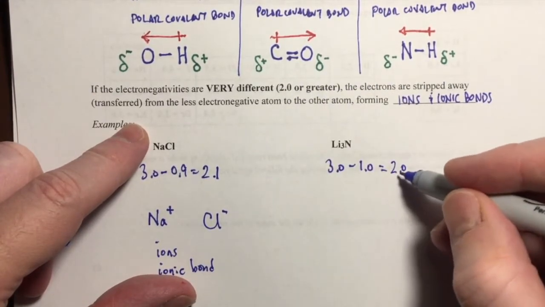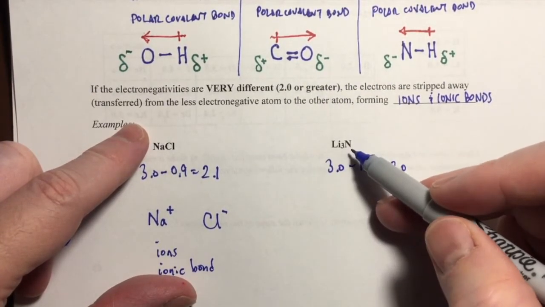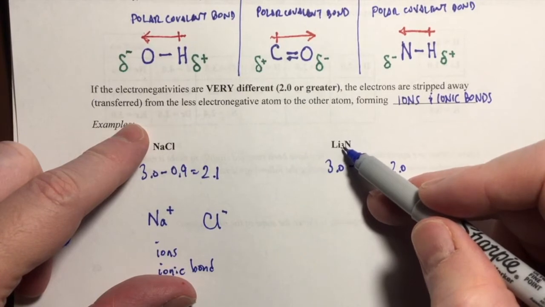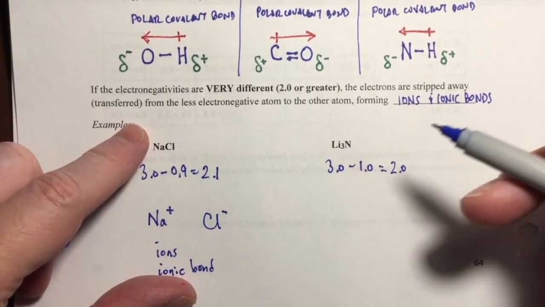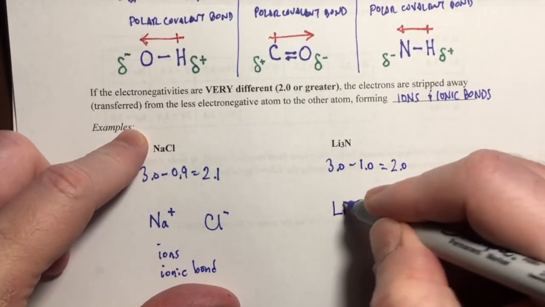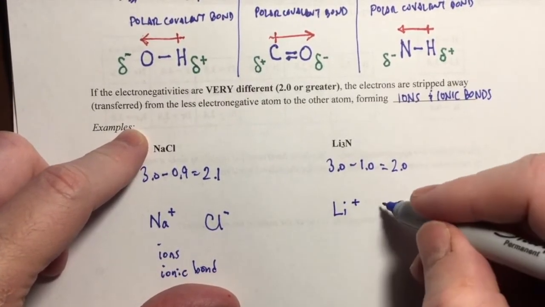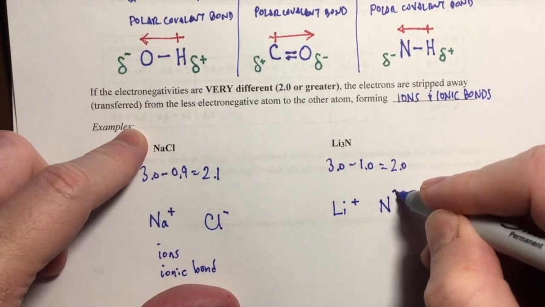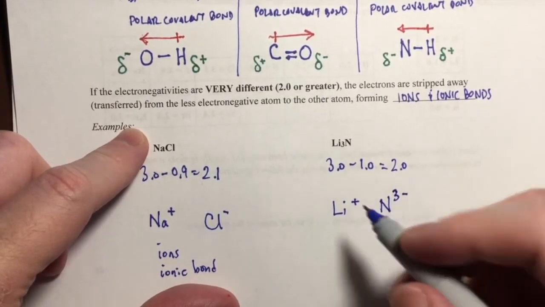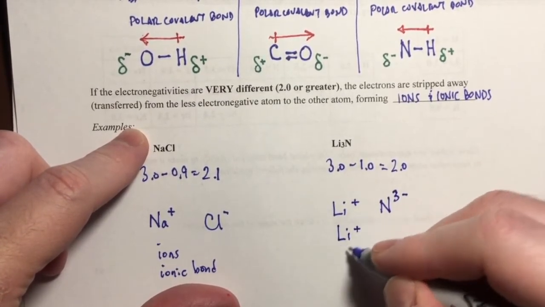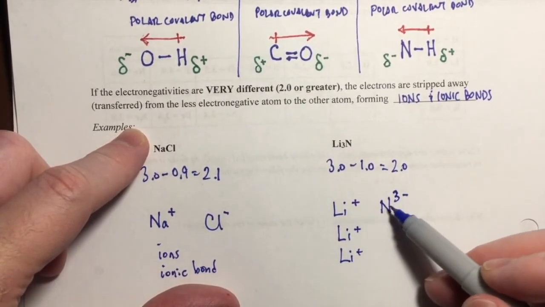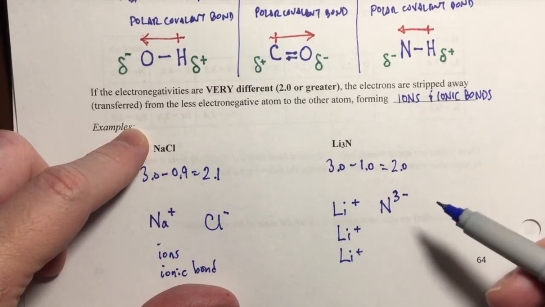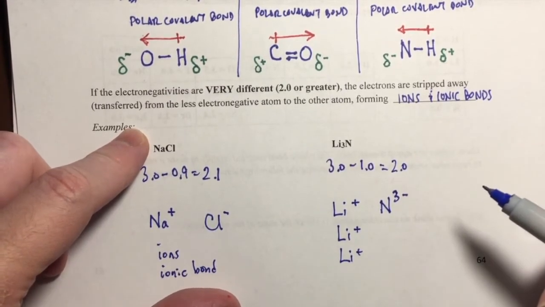And now we can see that the nitrogen is not going to be satisfied by sharing an electron pair with lithium. It's just going to strip an electron away from the lithium. And so I'll get a lithium cation and a nitrogen that strips away an electron from each of three lithiums, and becomes the nitride.